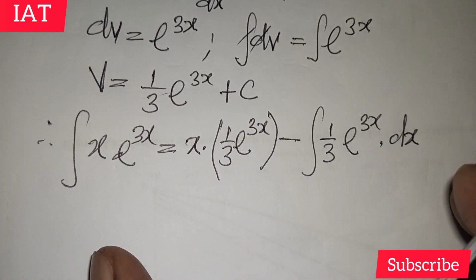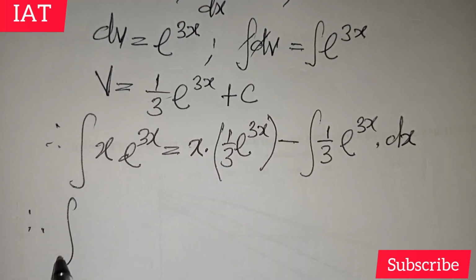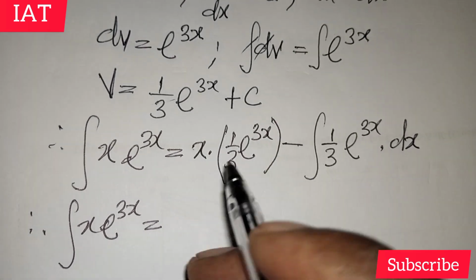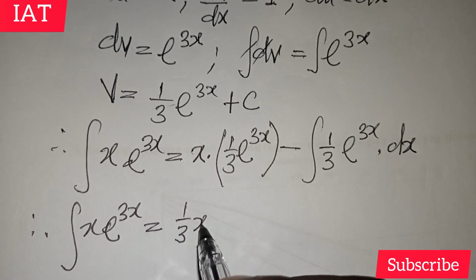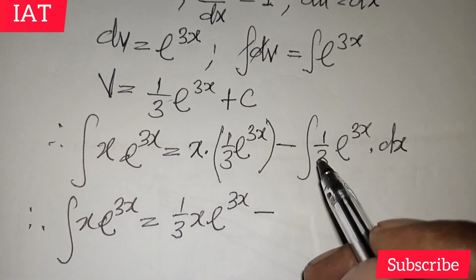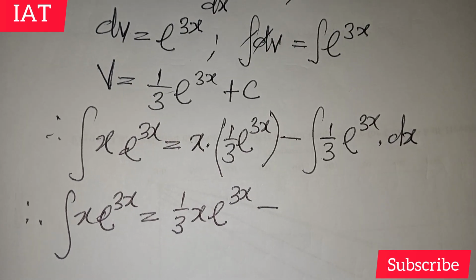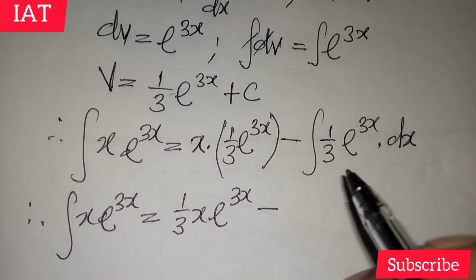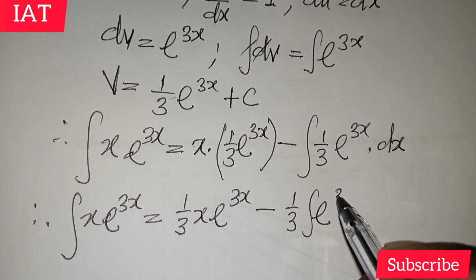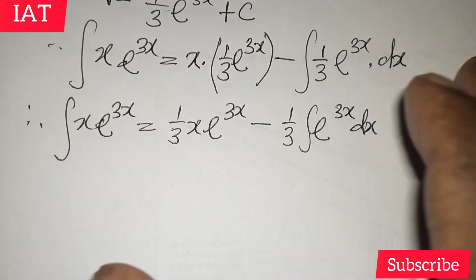So having arrived at this point, we need to also say that the integral of x exponential 3x will be equal to, if this multiplies through, 1 over 3 x exponential 3x minus, so here we need to bring this out, and if we do that, we'll be having 1 over 3 integral of exponential 3x dx. So what's the next line of action?